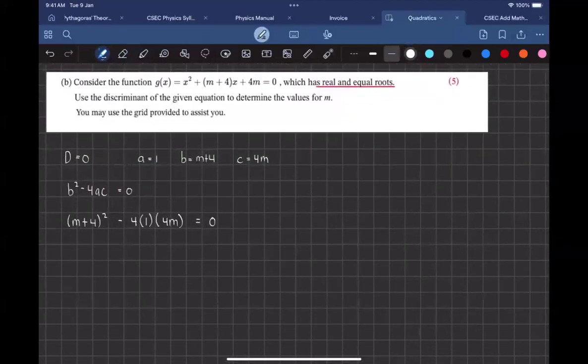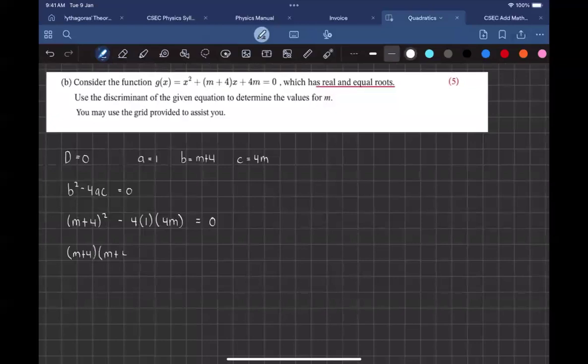Right? So m plus 4 squared. Am I going to say m squared plus 16? No, no. What does m plus 4 squared mean? You have to multiply it by itself twice. Yes, so expand the brackets.